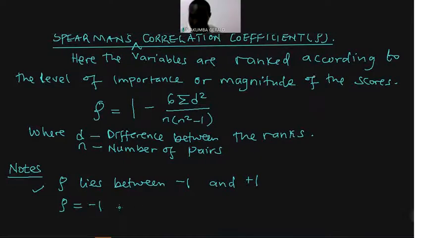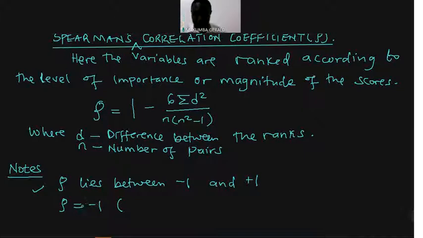Like we saw from our graphs in the first lesson, we saw some types of correlations there. We saw perfect positive, perfect negative, just positive, zero correlation, and negative correlation.